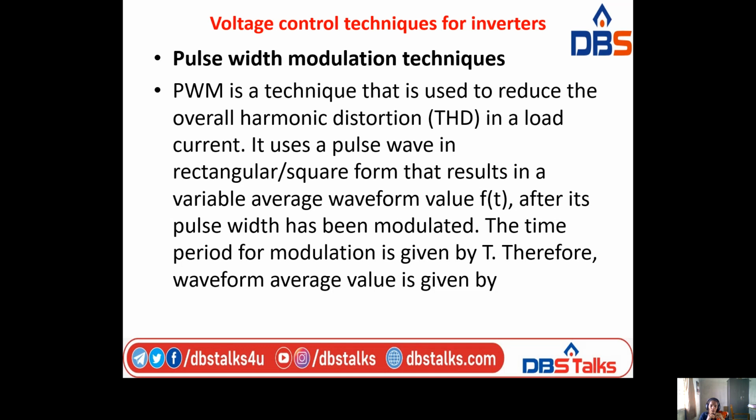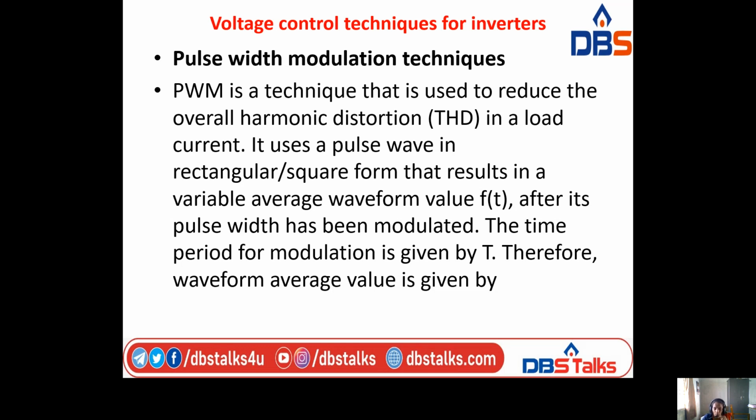Why do we use PWM? Because it reduces the total harmonic distortion in the load current. We are using rectangular and square waveforms, so the output waveform obtained is rectangular and square for the pulse width modulation technique.